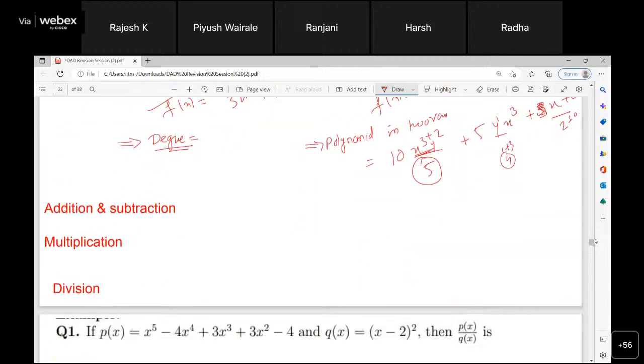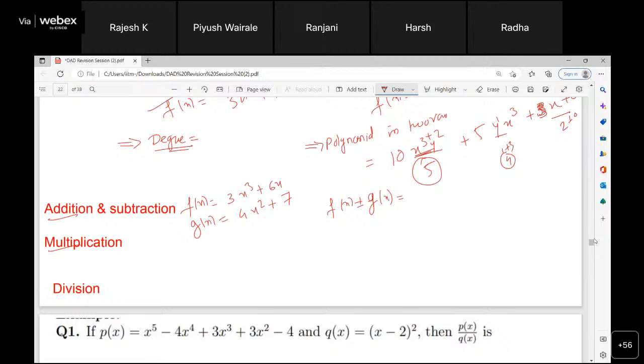So addition, subtraction, multiplication, I hope you know. Like if we have f of x is 3x cube plus 6x, and g of x is 4x square plus 7x, then how do we do addition and subtraction of two polynomials? Basically you need to add the coefficients of the terms having the same degree.